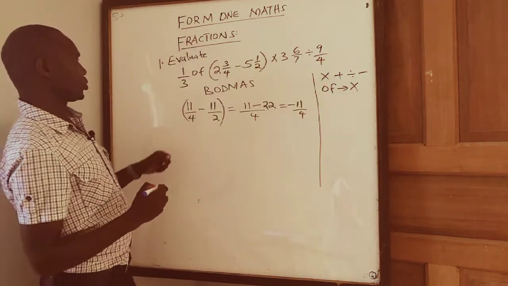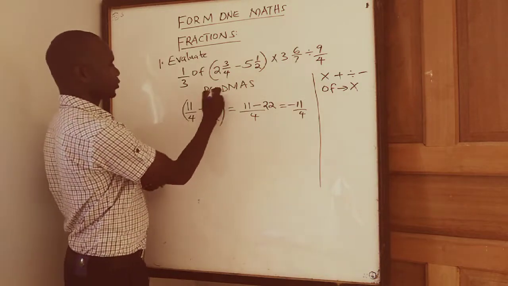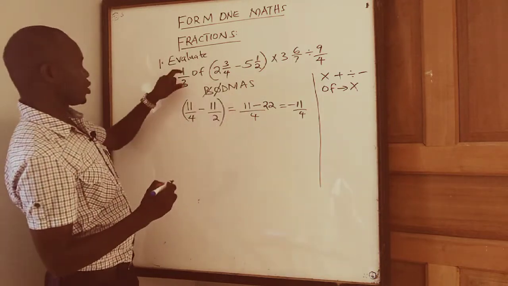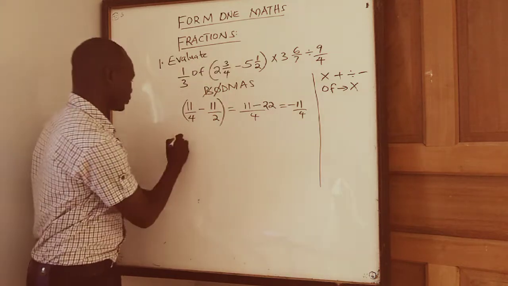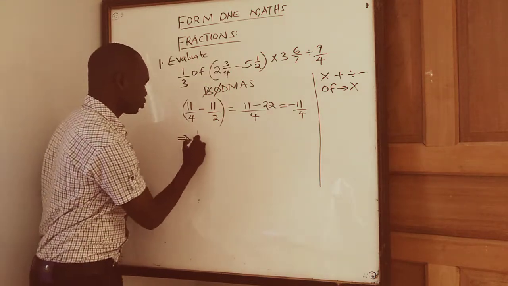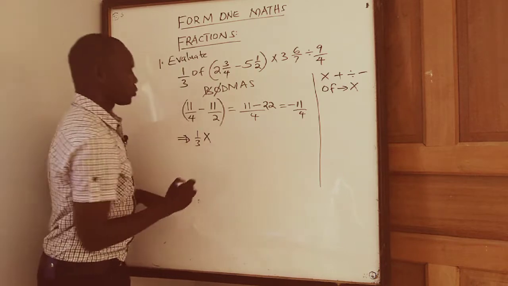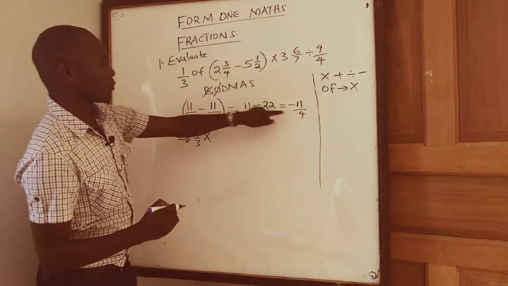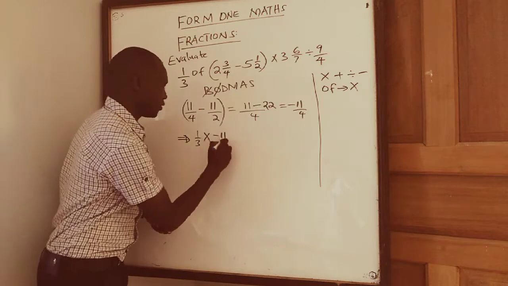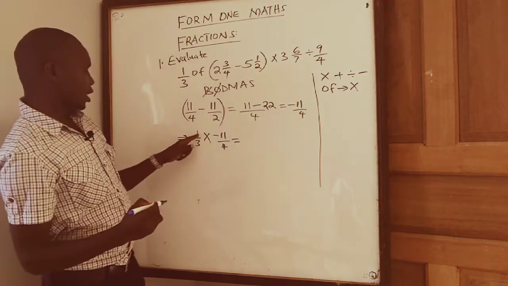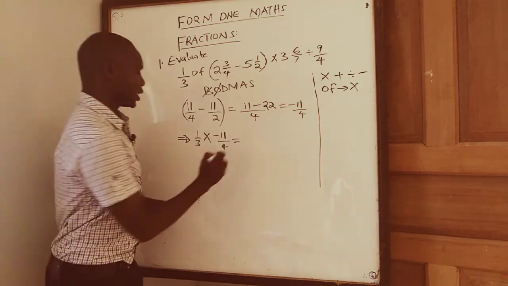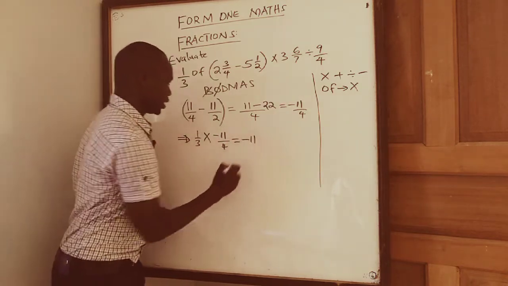Now we go to the next operation, which is OF. OF is between a third and the bracket. So our next step is going to be a third. OF means multiplication. Whatever we got from the brackets is minus 11 out of 4, and this one is going to give us positive 1 times minus 11 will give us negative 11.